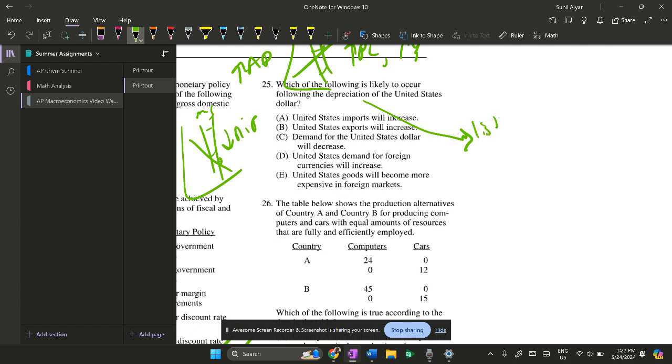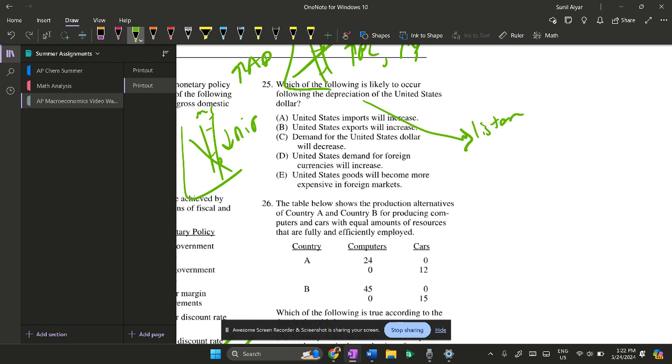Okay, listen. If our currency depreciated, that means our purchasing power has decreased because our currency is now less valuable than, let's say, France's currency. That's who we're in a trade with. So France's currency is now more valuable. They are going to start buying more from us because our goods are cheaper, because their currency appreciated.